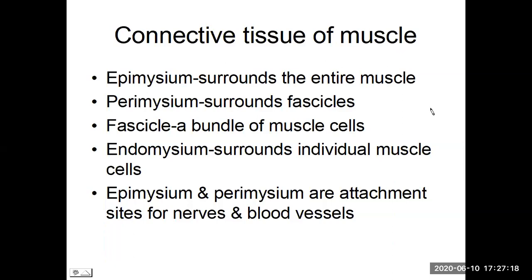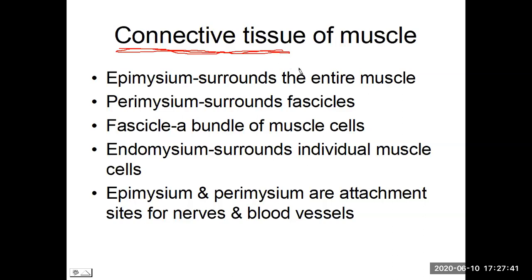Moving forward now, we're going to start to take a look at the larger structure of a muscle organ. So moving beyond just the cytology, moving up to an organ. And there are large amounts of connective tissue. You want to think of collagen, elastic fibers, used to bind multiple skeletal muscle cells together to create muscle organs.